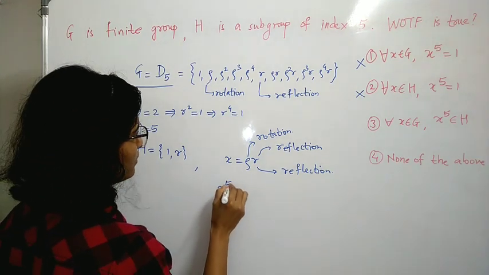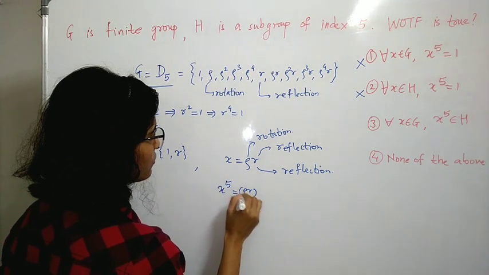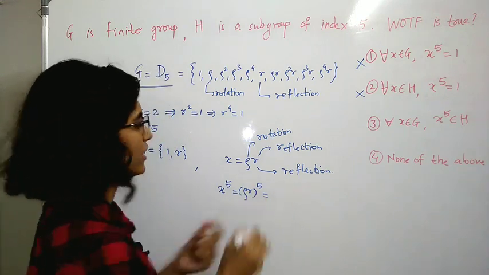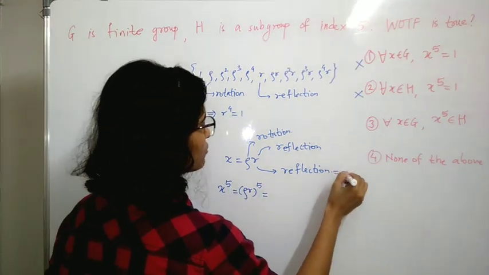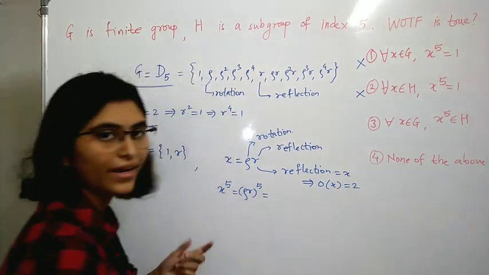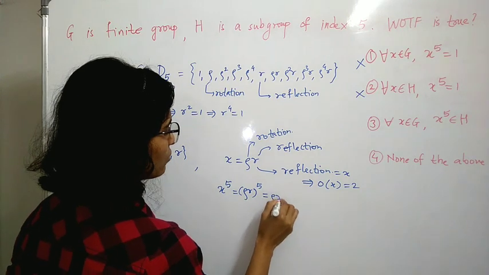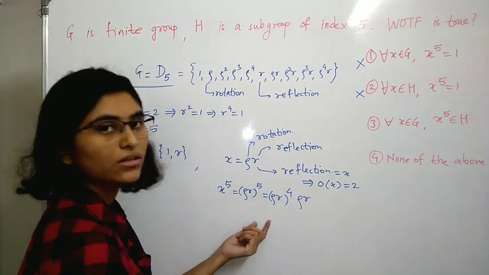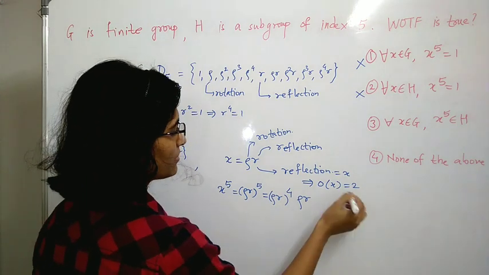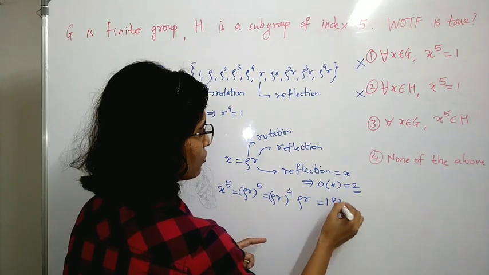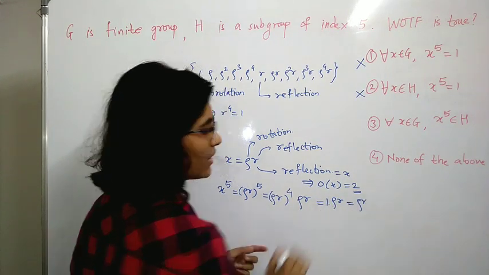So x raised to 5 is just rho times R raised to 5. By the way, x is a reflection, so the order of x is 2. So we can write this as rho times R raised to 4 times rho times R. Now the order of this rho times R is 2, so raised to 4 is just 1, times this rho R, which is just rho R.